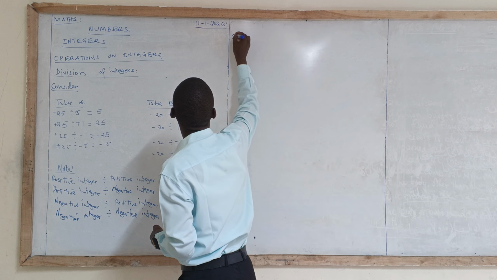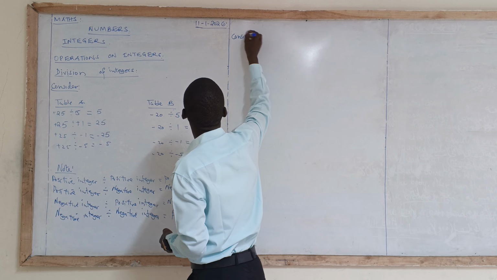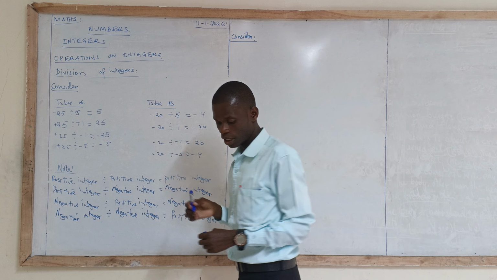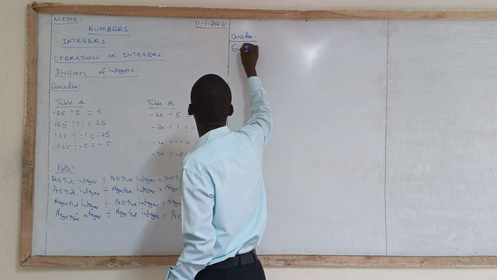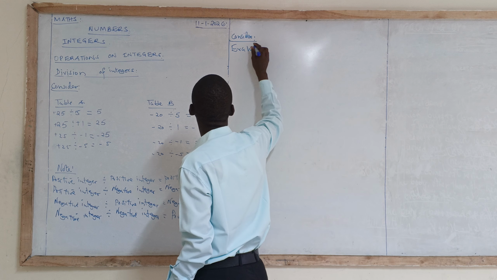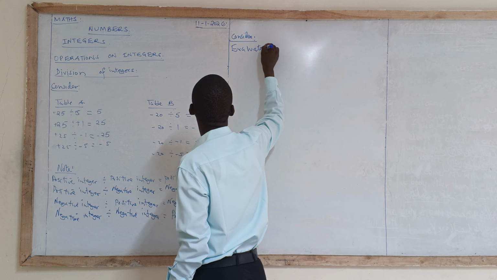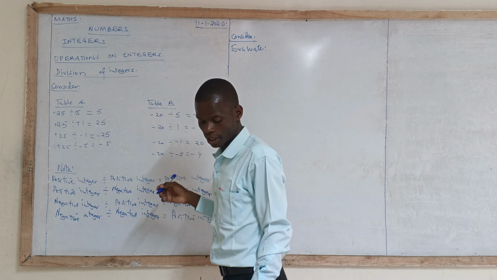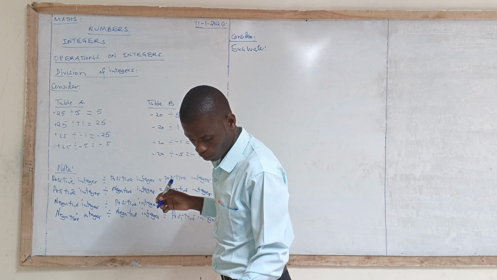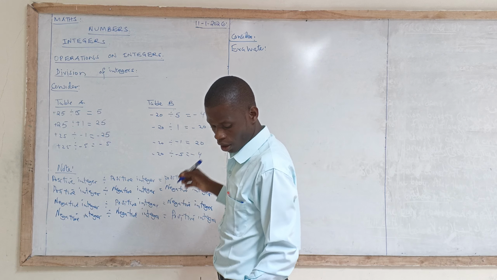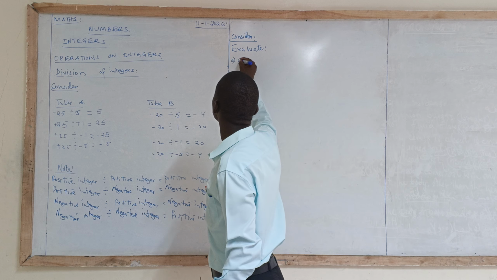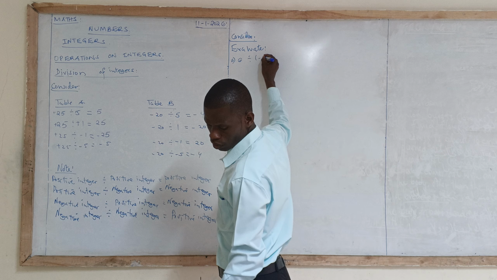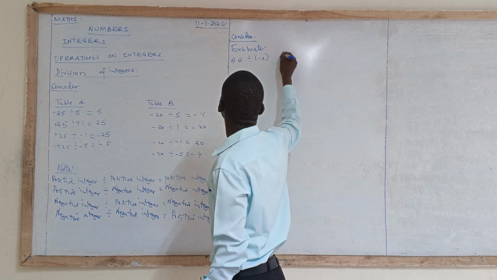So let us consider, evaluate. A, we have 6 divided by negative 3.